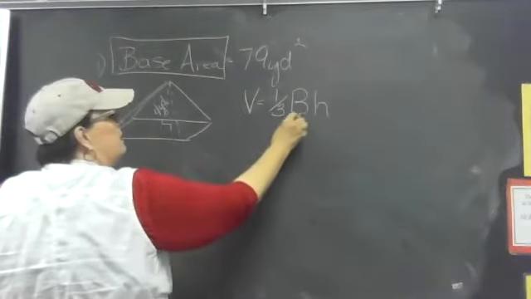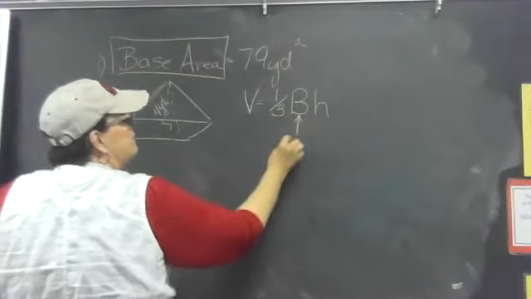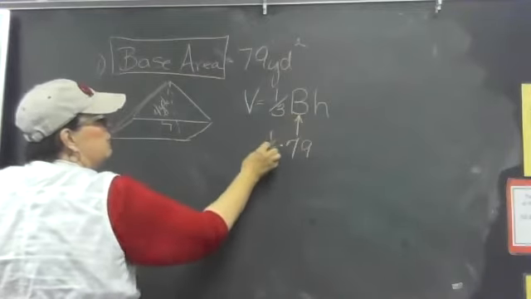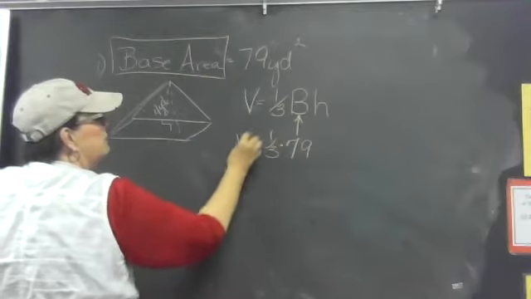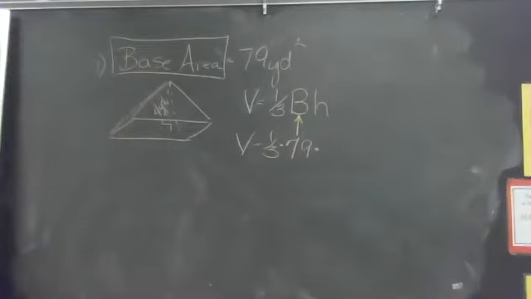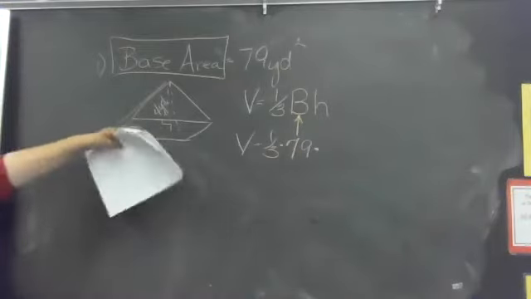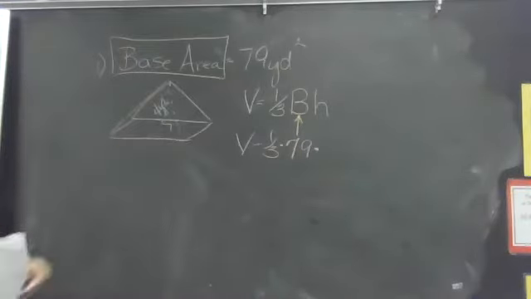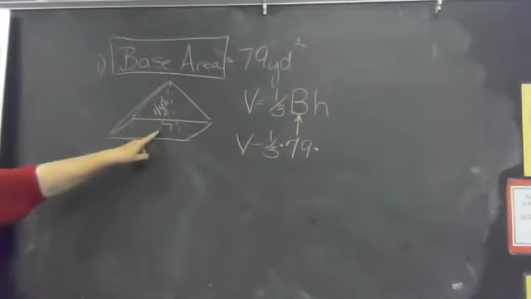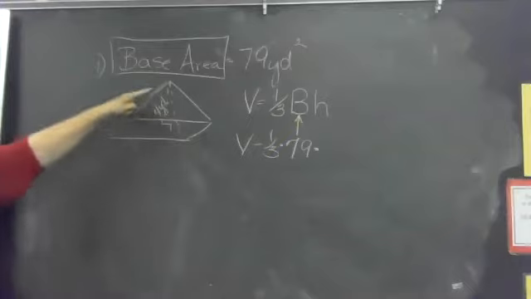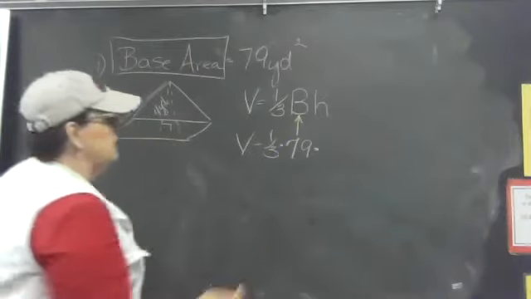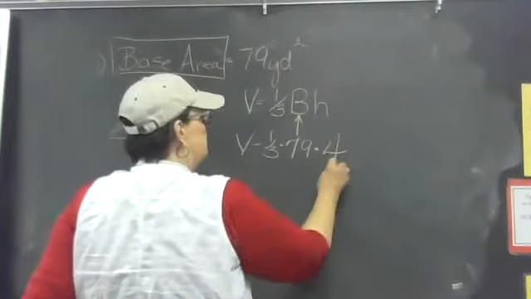So for the area of the base, they have given you 79 times 1/3 times, what's the height of this pyramid? It's 4. Now remember that the height has to be from the point perpendicular to the base. It can't be one of these slanted lines. The height has to be perpendicular to the base. So in this case, it's 4.